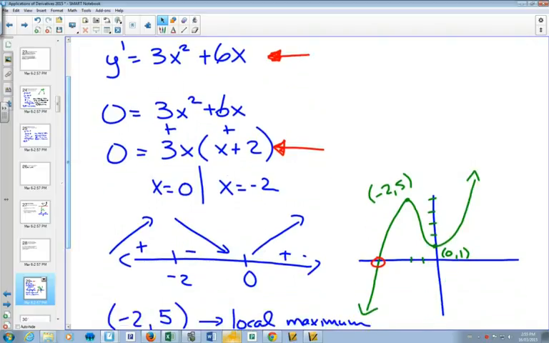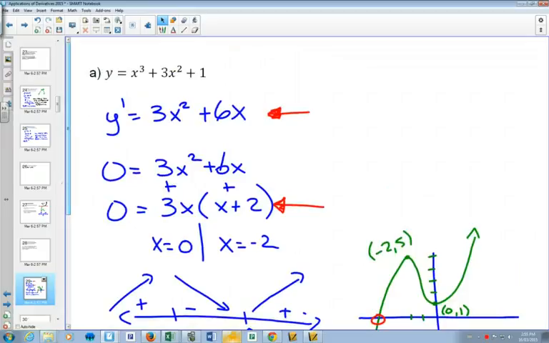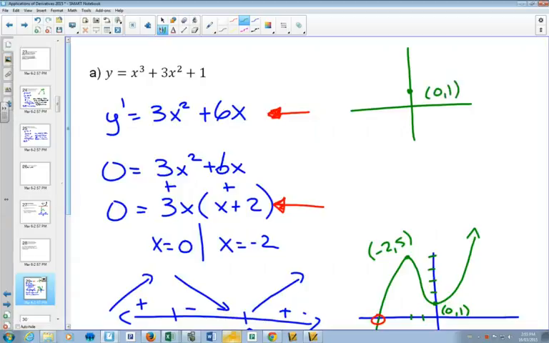We know where our maximum is, we know where our minimum is, and compared to what you learned in grade 12 pre-calculus, the only thing you would have learned in grade 12 pre-calculus that would help you with this graph is you could easily find the y-intercept at 0, 1. And you know it's a positive x cubed graph, which starts here, it might have something in there and go up forever.